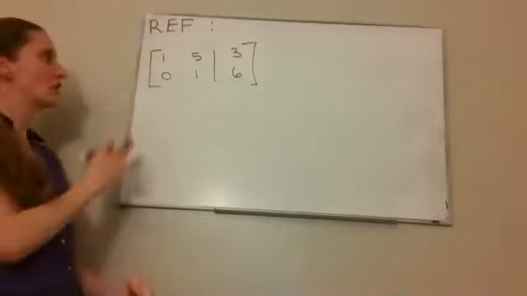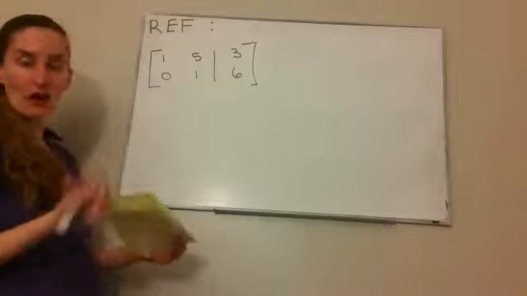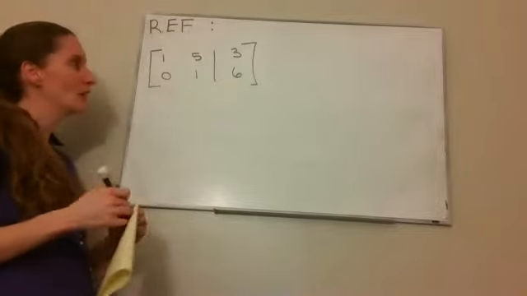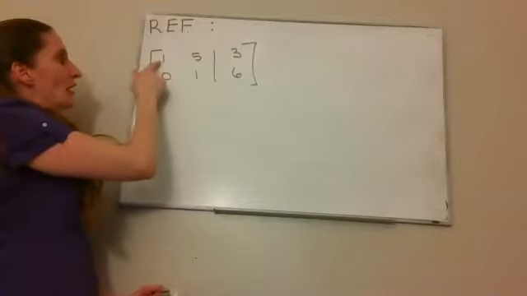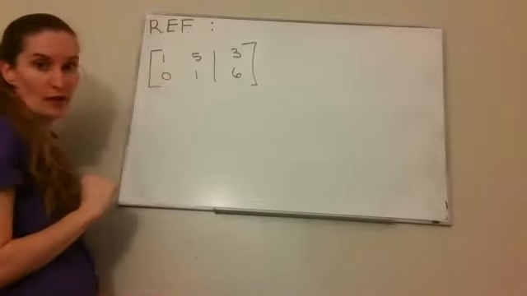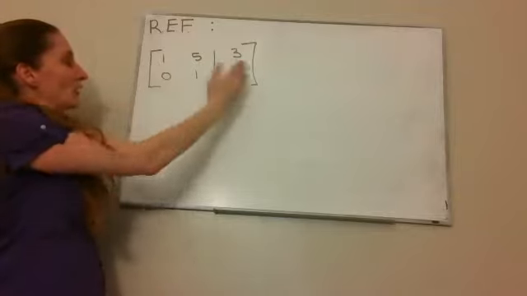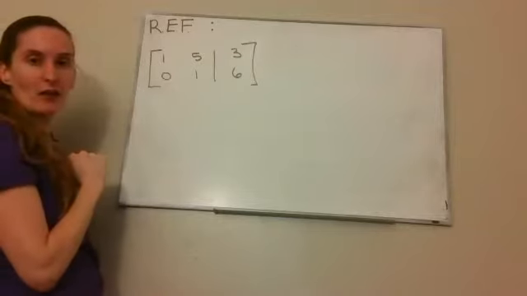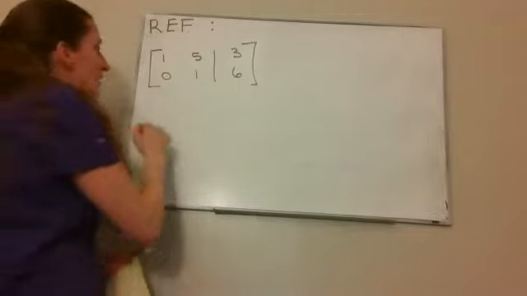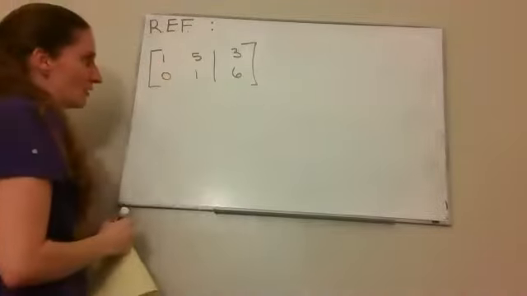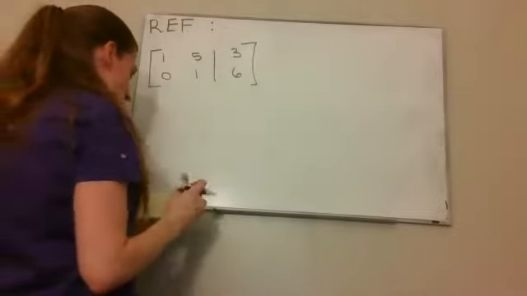So if we take a look at this matrix here, there aren't any rows with all zeros, so we don't have to worry about that property. The first non-zero entry in both rows is 1, and the leading 1 in each row is strictly to the right of the leading 1 in the row before it. So notice how our leading 1s keep moving to the right. So this is in row echelon form.